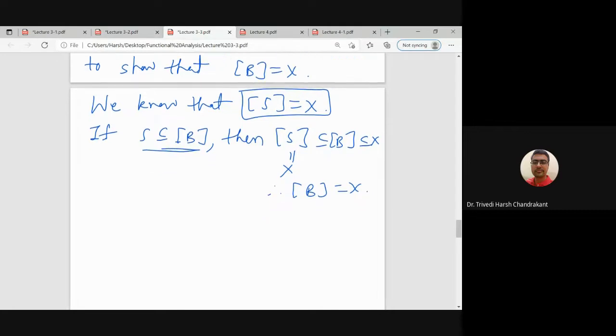So what we do is we will assume that this is false, and then we will get a contradiction. So that means this is correct.